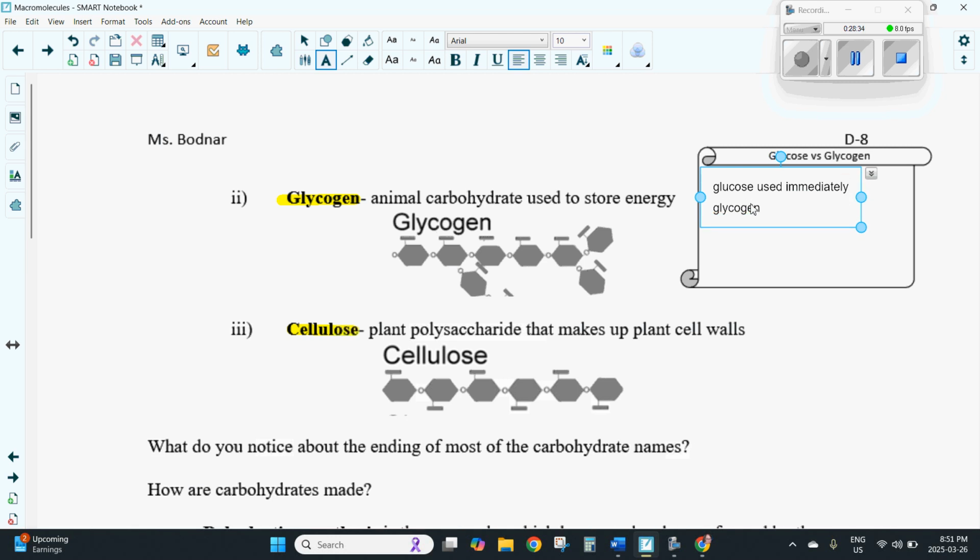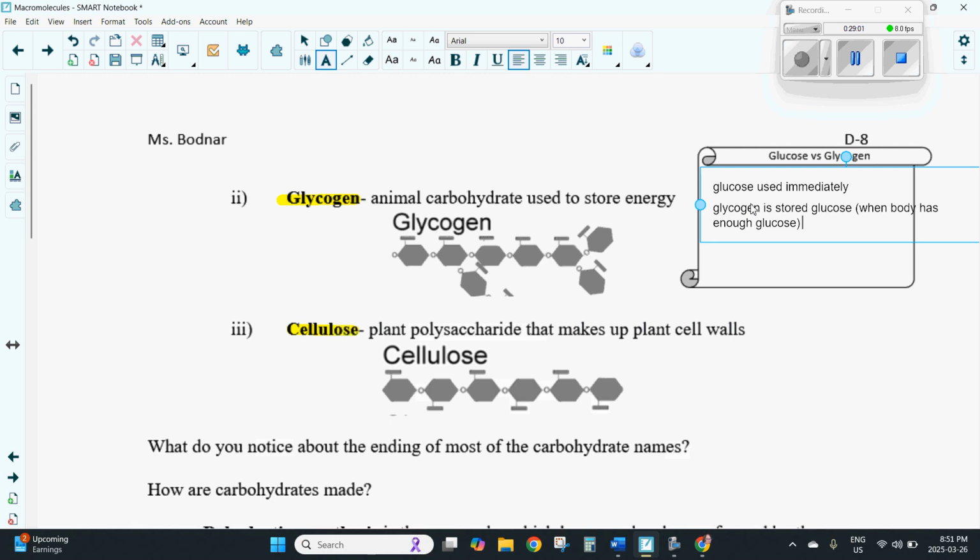Glycogen: stored glucose. Okay, so it gets converted to this storage unit, okay? And then I'm going to put brackets, when body has enough glucose.